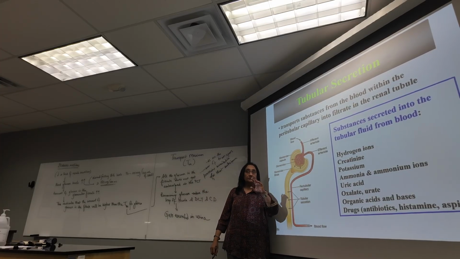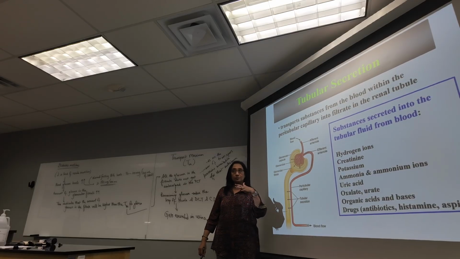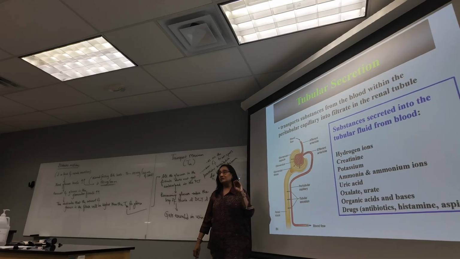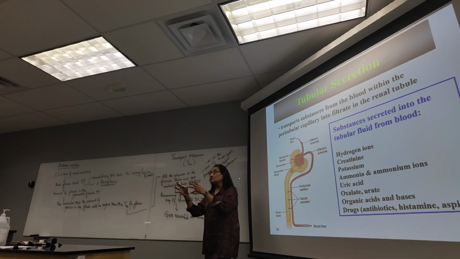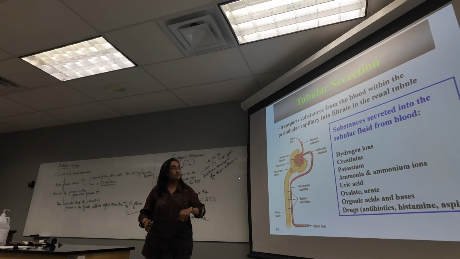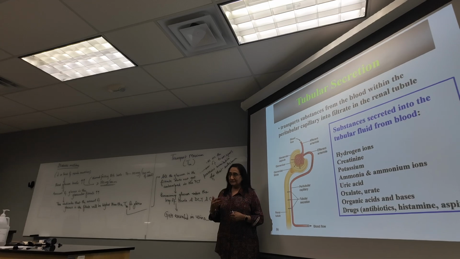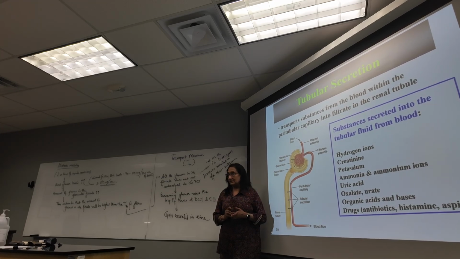Tubular secretion happens throughout the nephron: PCT, loop, DCT, collecting duct. Unlike reabsorption, which is mainly concentrated in the PCT, this can happen everywhere. So, what are the things that usually are thrown out by tubular secretion?